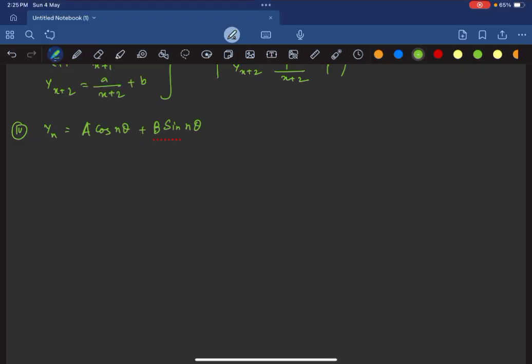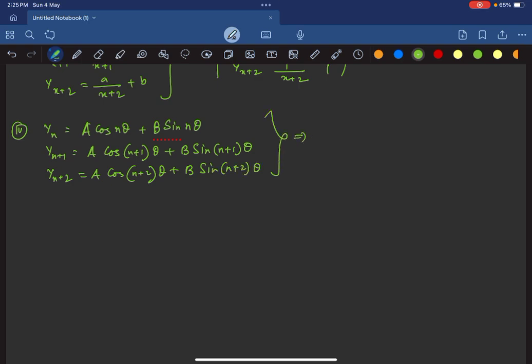So again, two arbitrary constants. So y_{n+1} is a cos (n+1) theta plus b sin (n+1) theta. y_{n+2} is a cos (n+2) theta plus b sin (n+2) theta.